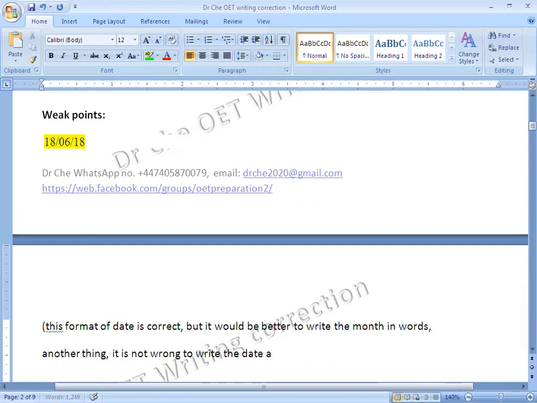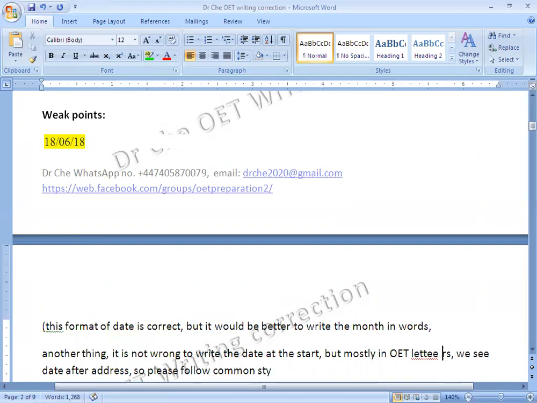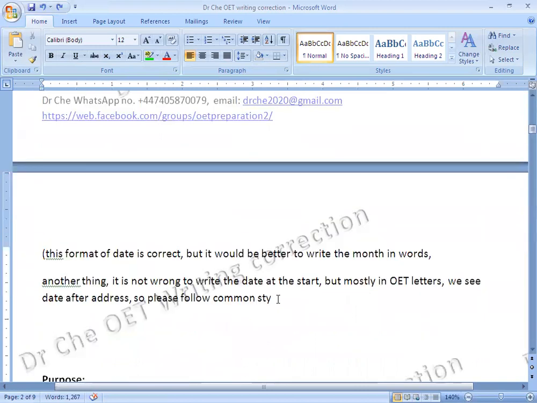but mostly in OET letters we see the date after the address. So please follow the common style. We should not try new things in OET.